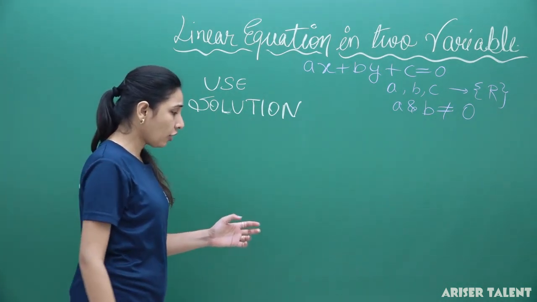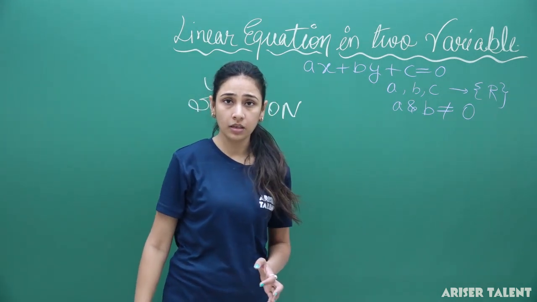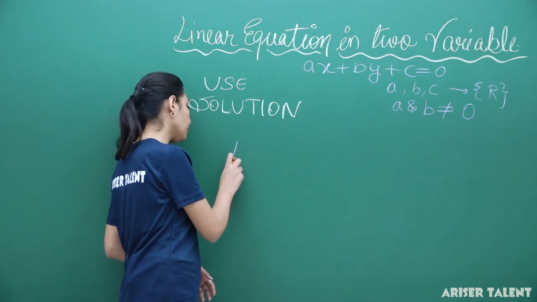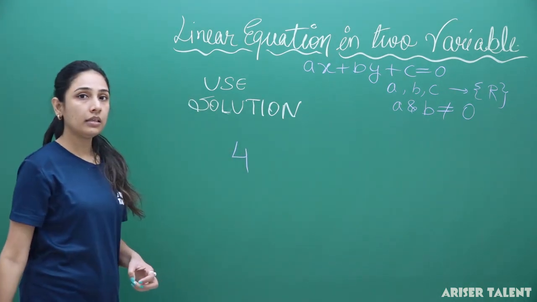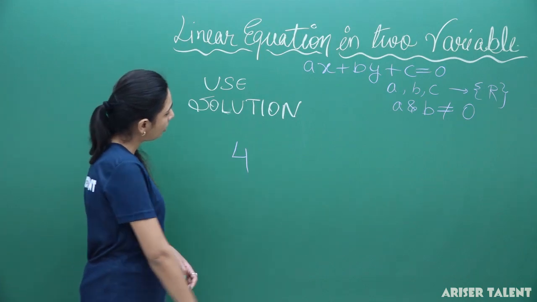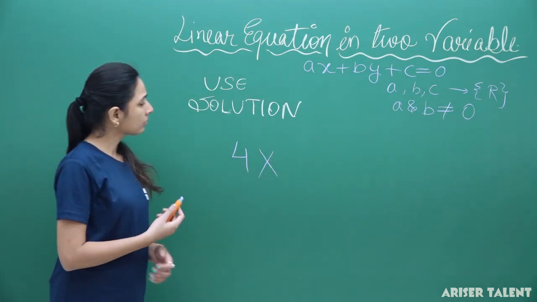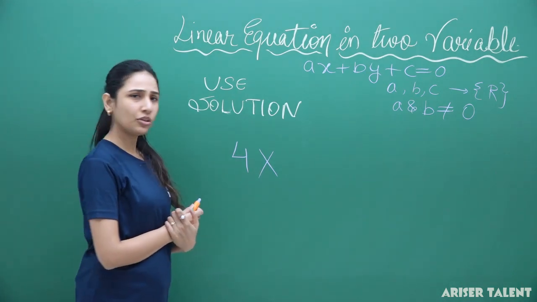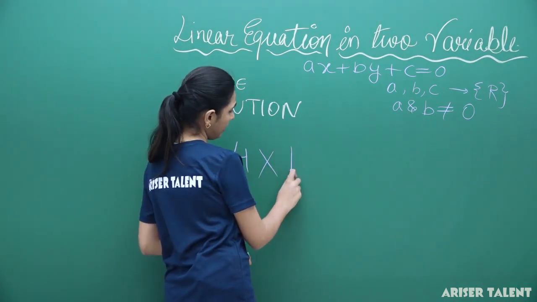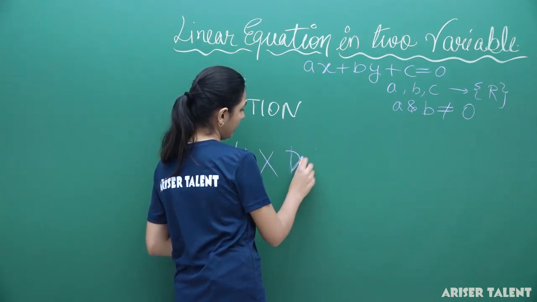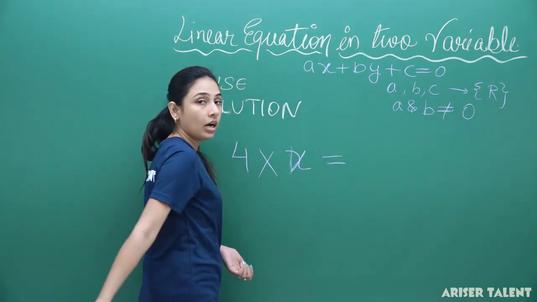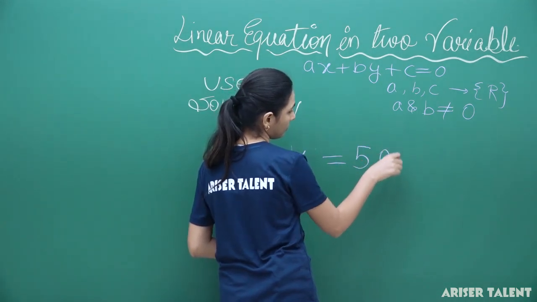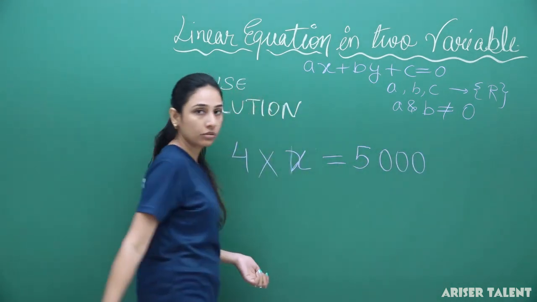Students, if I talk about the linear equation in one variable, suppose I have purchased four nail paints, and I have given a total amount of 5,000.